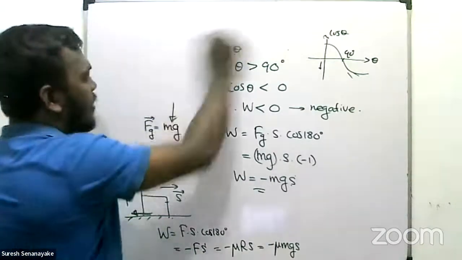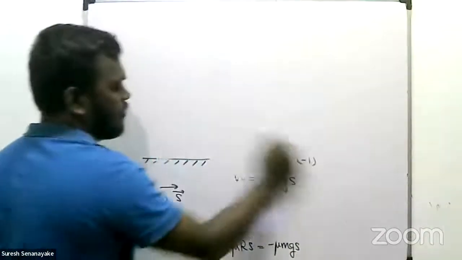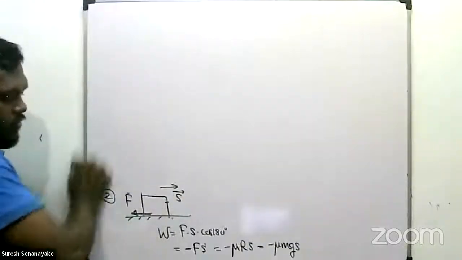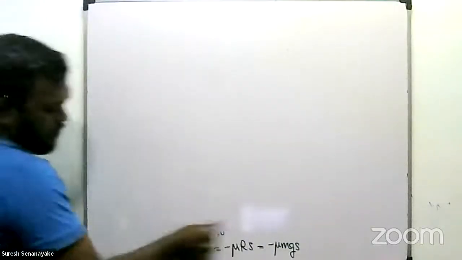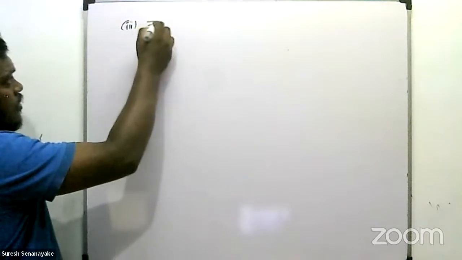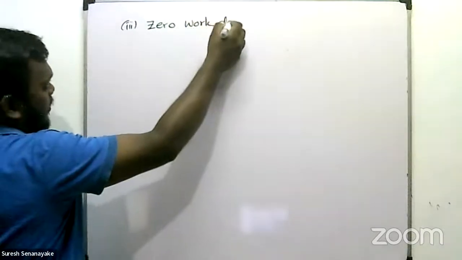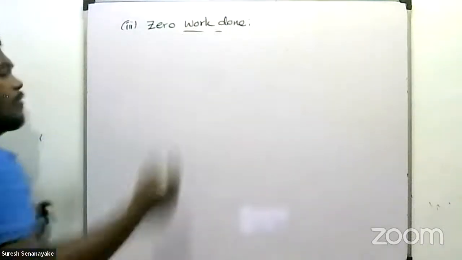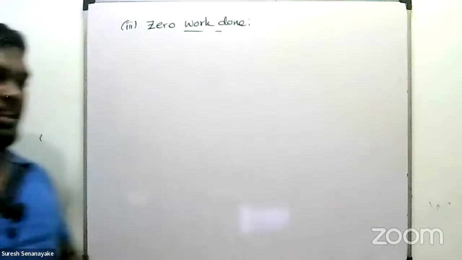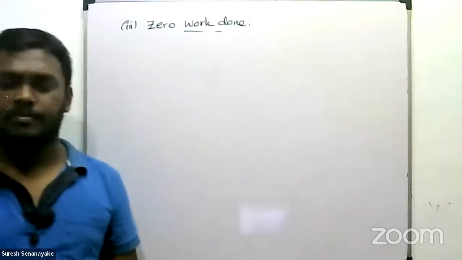Write the zero work done. If theta is 90 degrees, we can say it's zero work, right? Directly right there.